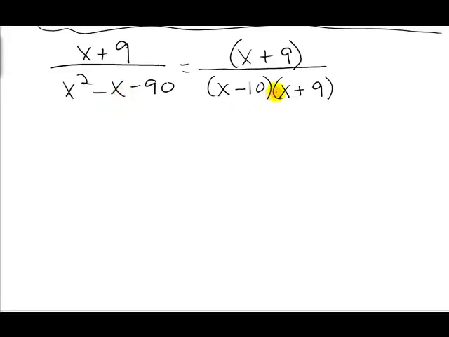And then look, this doesn't look like a simple factor because there's 2 terms, but it's in these parentheses, which makes it multiplication, which is factors. This x plus 9 matches this x plus 9 perfectly, so we can cancel that out. Now when we cancel this, we say cancel, but really what we're saying is they become 1.